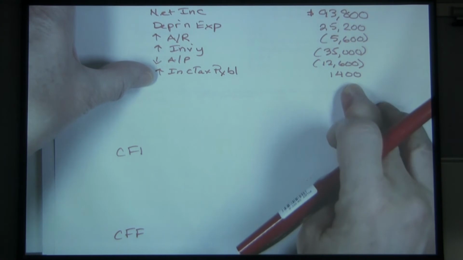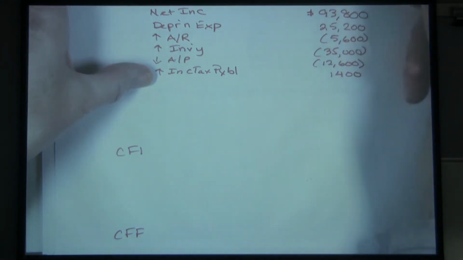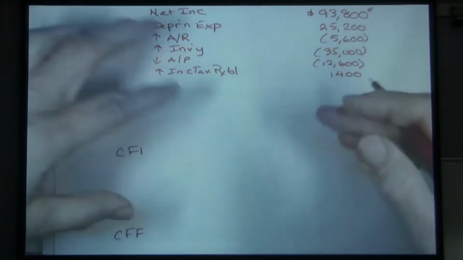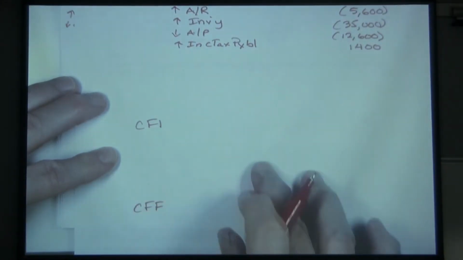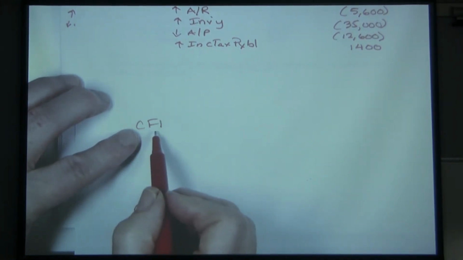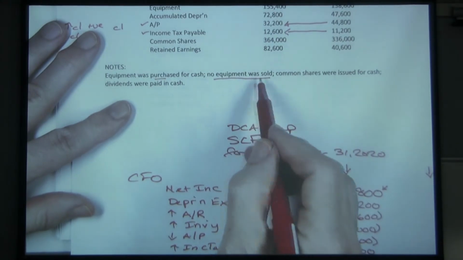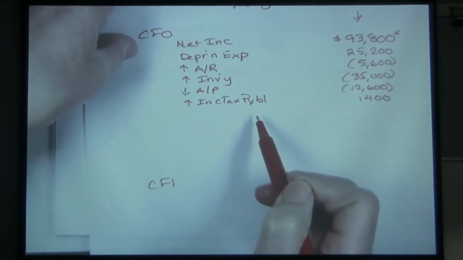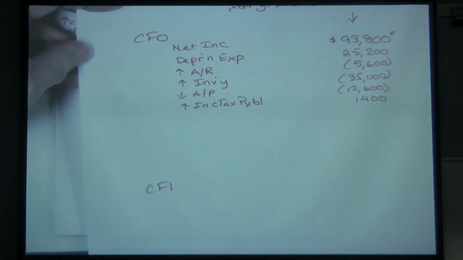The reason for that is because the gain amount had been included in this net income amount. We have to take it off, and we're putting all of the cash flow from the sale of any PP&E asset under CFI. If we sold equipment and there was a loss, we would add back that loss for the same reason.